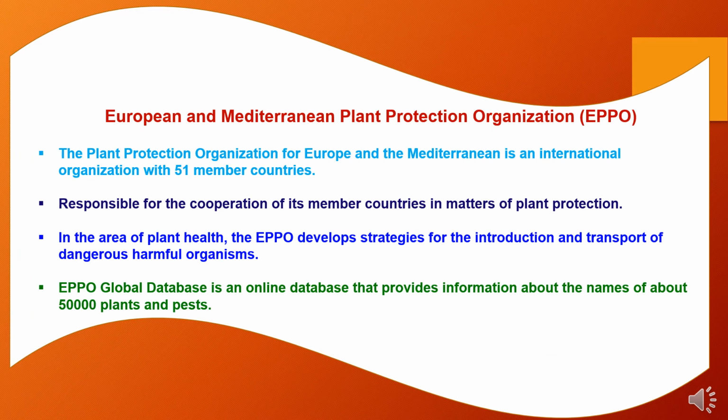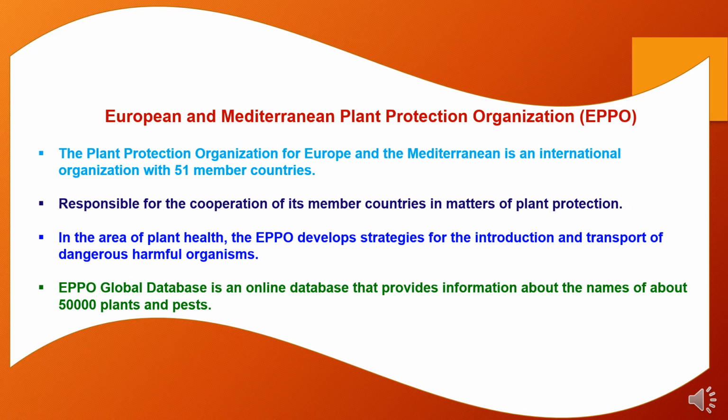Another international plant quarantine organization is the European and Mediterranean Plant Protection Organization. The Plant Protection Organization for Europe and the Mediterranean is an international organization with 51 member countries. This organization is responsible for the cooperation of its member countries in matters of plant protection.